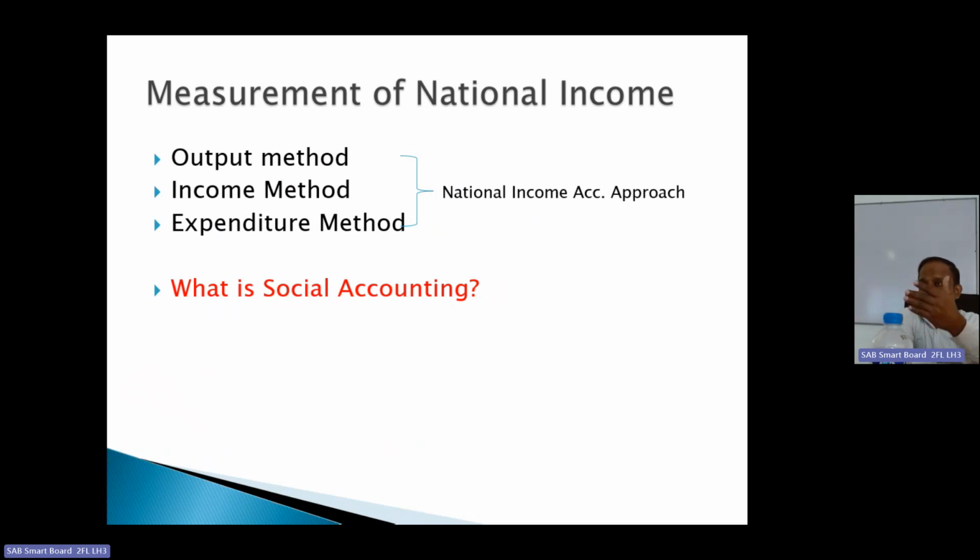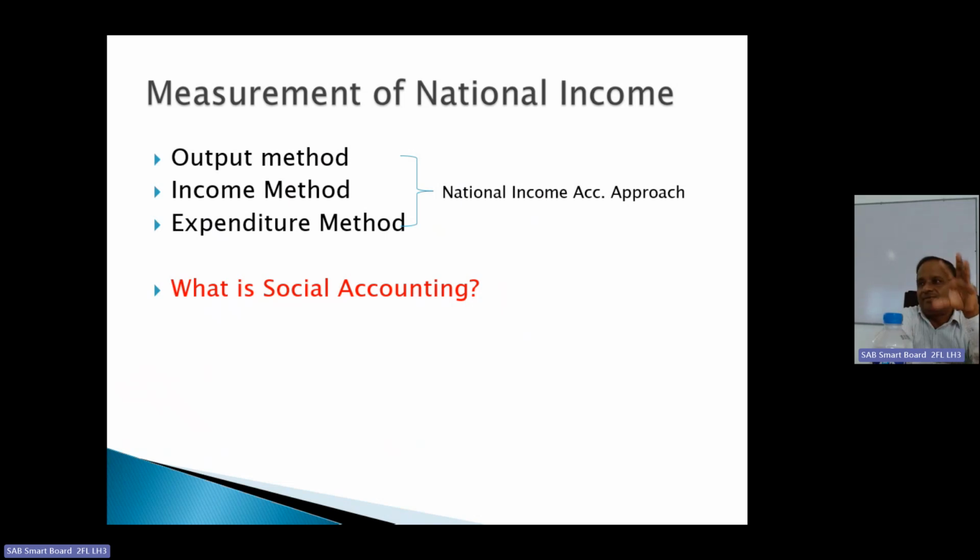The expenditure method means based on the expenditure made to acquire the goods and services produced in the market. So we measure the national income based on the final expenditure that we made. How much we paid for consumption to acquire goods, that is the consumption, investment expenditure, government expenditure, and expenditure on exports that we produce for the rest of the world. So we made expenditure to produce goods for the export market.